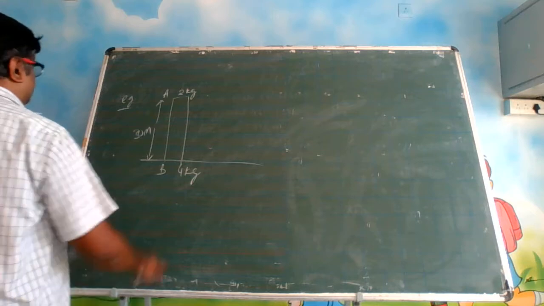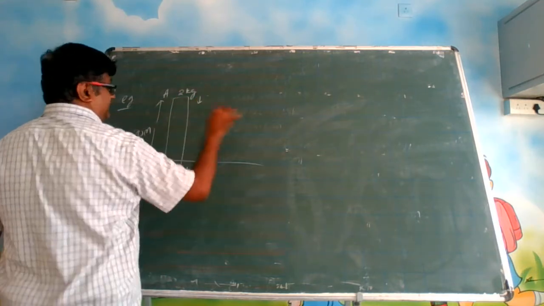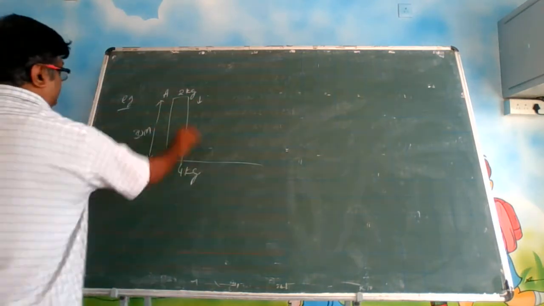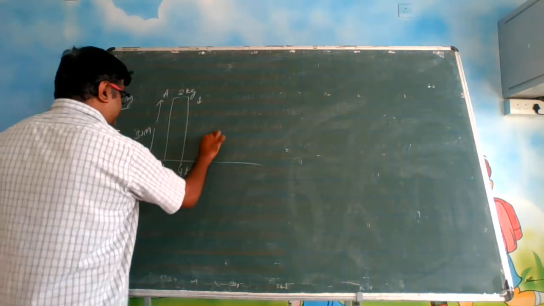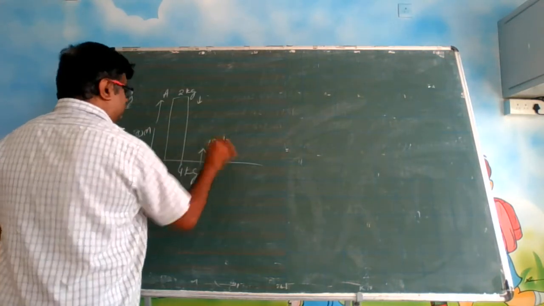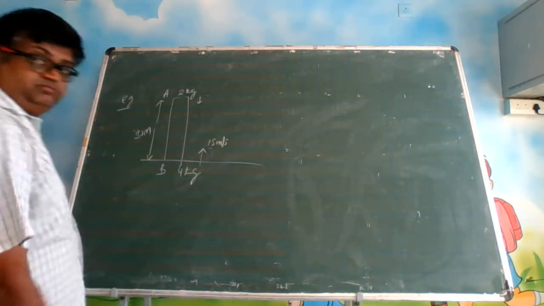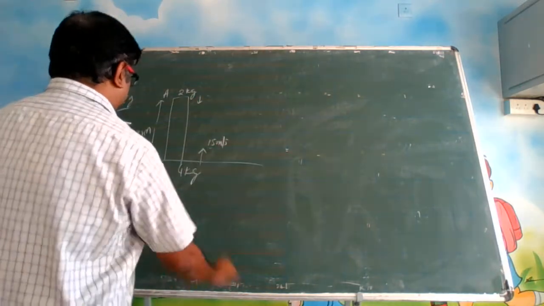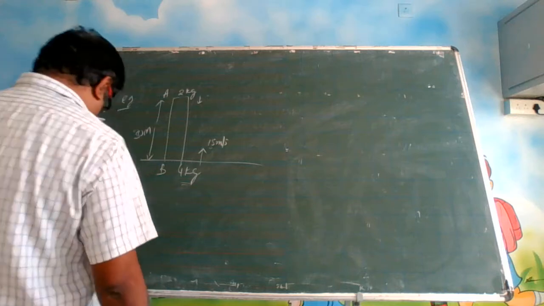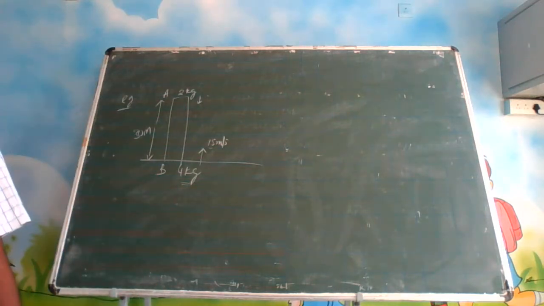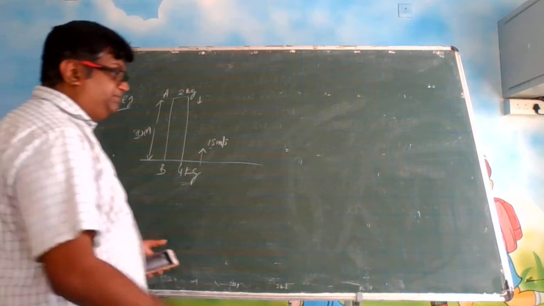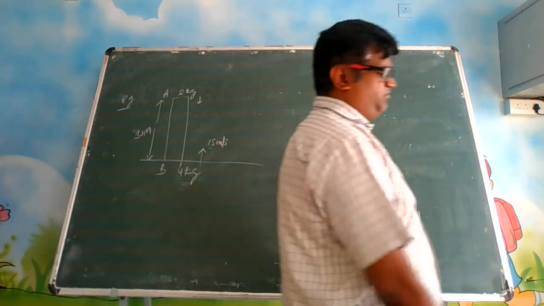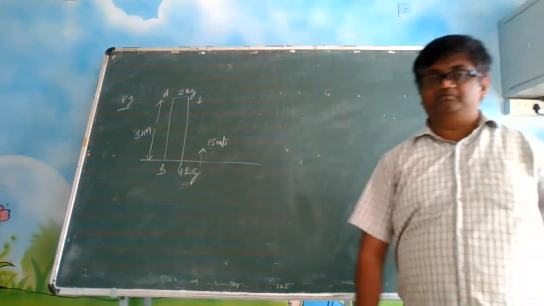Now this mass has been simply dropped from this height, and this mass has been thrown vertically up, 15 meters per second. Now the question is, what is the speed attained by the center of mass of the system?